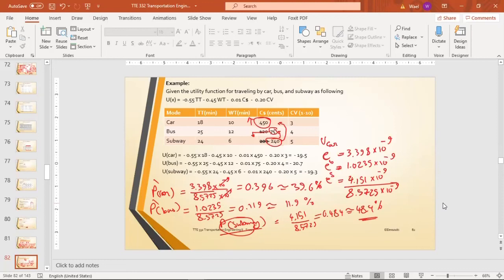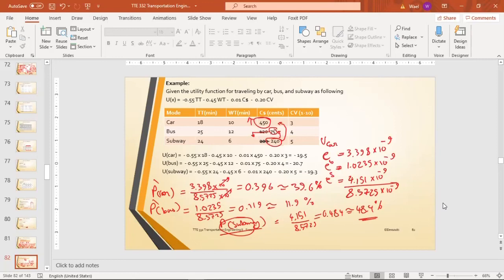Actually, mode choice is used by several companies in transportation for different applications and in different contexts, not just for transportation planning, even for airlines.